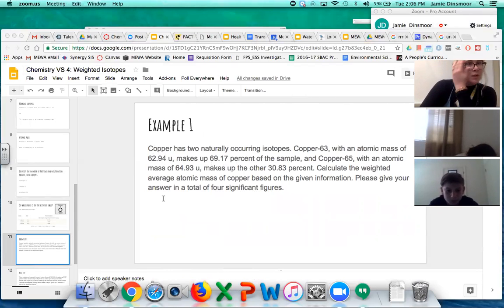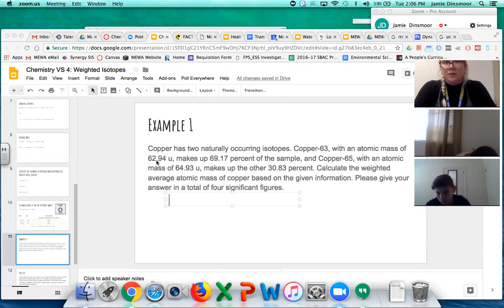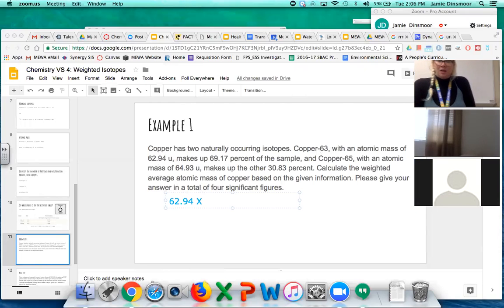So the first thing we do is figure out what kind of copper we have. Well, we have copper 63. Its mass is 63, but in this case it is 62.94. Now we need to multiply that by the percent that is made up of that copper sample. So in this case, we're going to multiply by 0.6917.